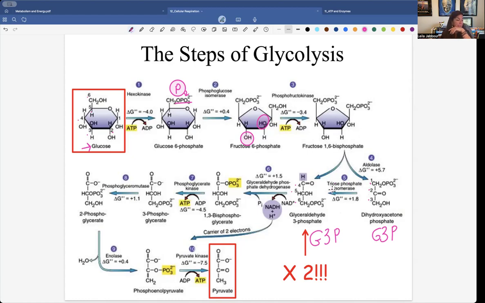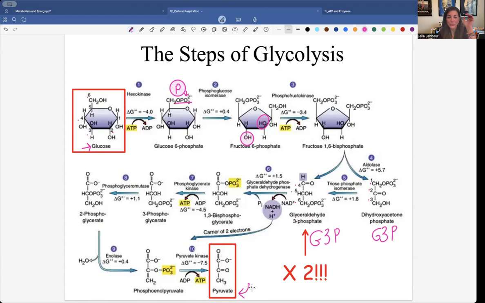So the G3P then needs to continue. The G3P is going to be transformed into pyruvate, and I don't think we need to go into the details of the phosphorylation and dephosphorylation and all of that. It just gets too complicated. So in the end, you have pyruvate.